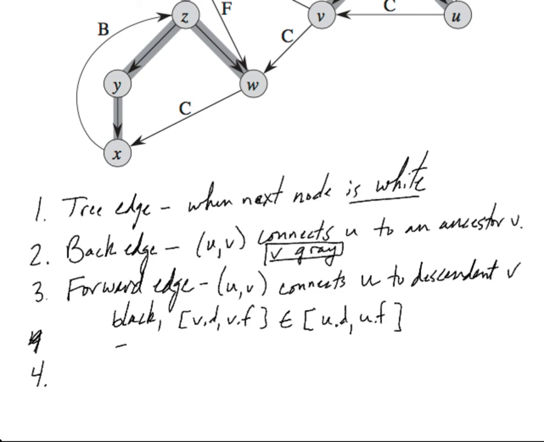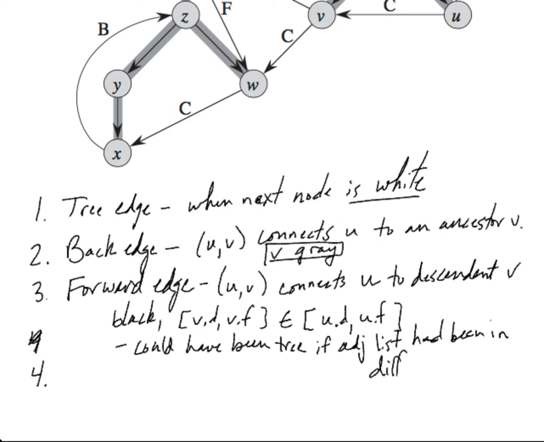And there's one other interesting property about this, is that a forward edge could have been a tree edge if the adjacency list had been in a different order. Now the last edge is a cross edge.